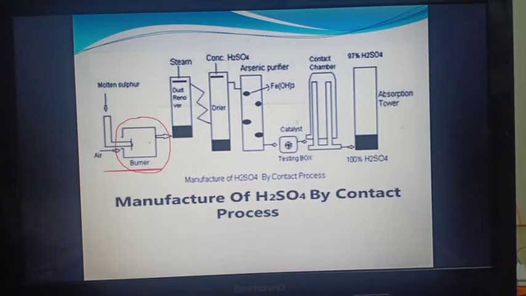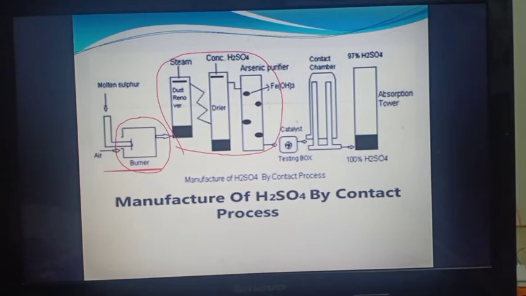The SO2 which is produced goes into the purification chambers. Over here the gases which are produced along with the sulfur dioxide get purified.